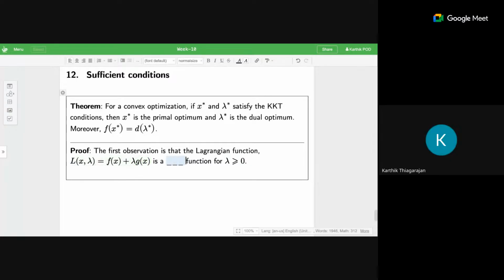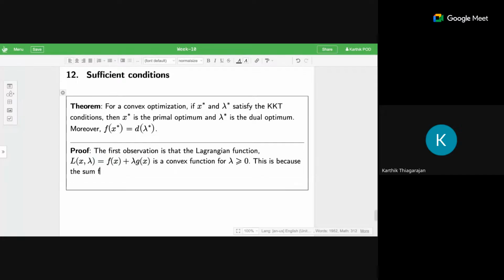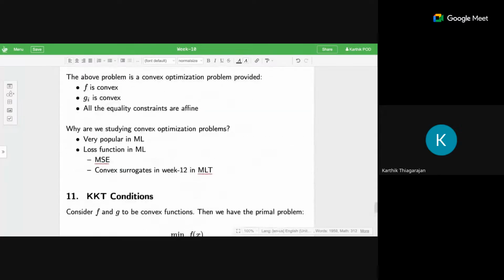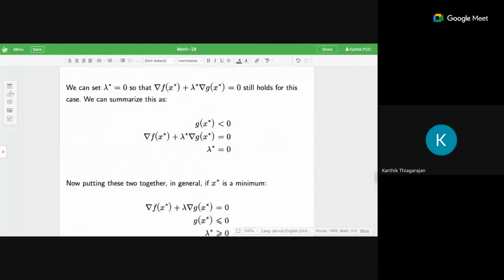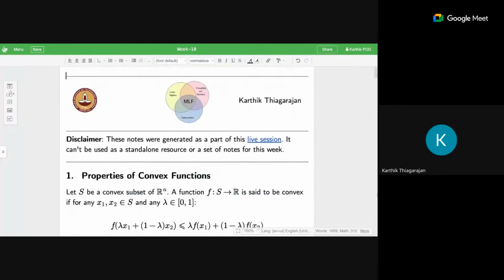This is a very nice result, because a sum of two convex functions is another convex function. We have already seen that. I have uploaded the document where I supplied the proofs. We proved it right at the beginning.